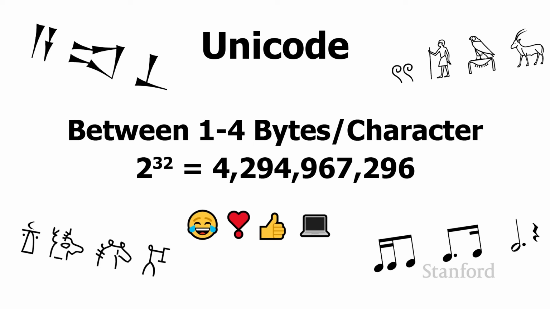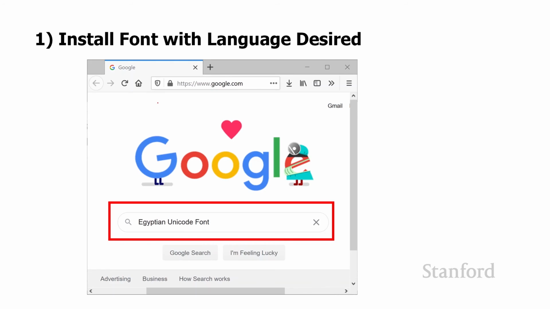So we're going to take a quick look at how you might use Unicode in, for example, a history document. So let's say I'm writing a history paper and I need to use Egyptian hieroglyphs in my history paper. The first thing I need to do is get a hold of a font that can display Egyptian hieroglyphs.